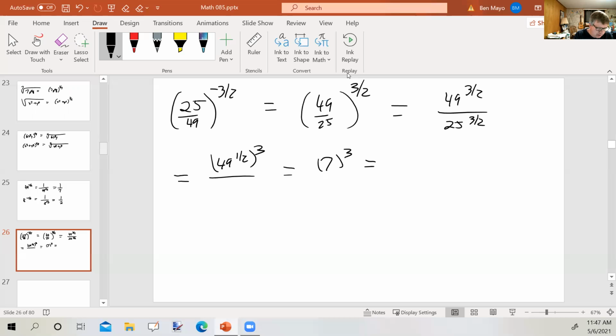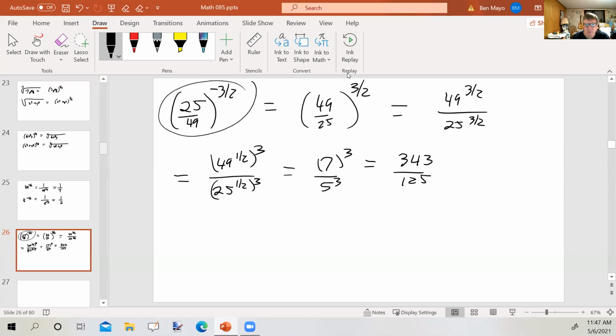Let's see, 7 cubed is 343. And here 25 we'll take the root and then the power, which is 125.